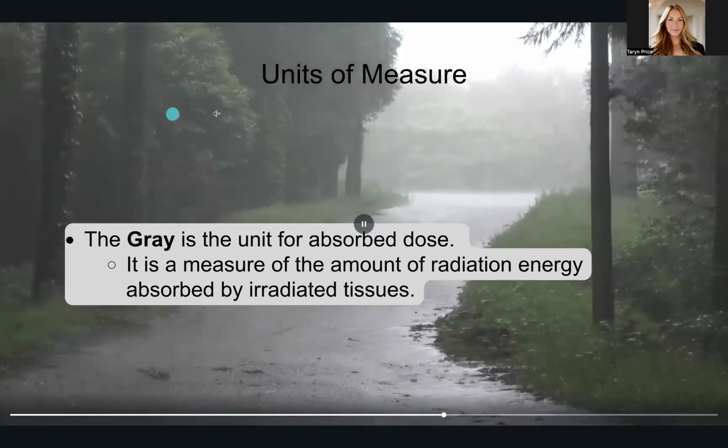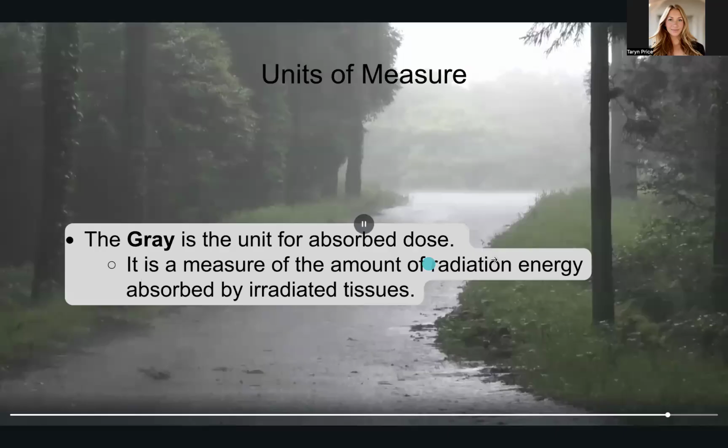So the gray, you see kind of a gray day here, is a measure of the amount of radiation absorbed by tissues. So we can say, oh, it's such a gray day. I'm not going to get any sunlight. I'm not going to absorb any sunlight. But gray is talking about how much radiation we're getting.